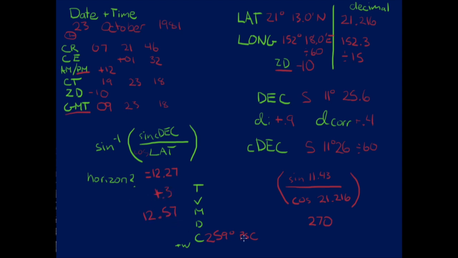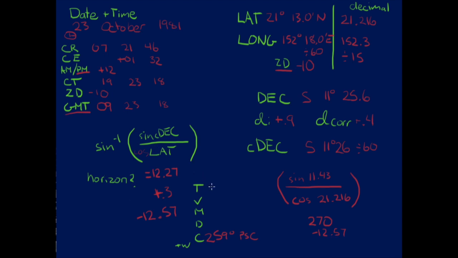So 12.57. Now, is this above or below 270? This is below 270, so we're going to now subtract the amplitude, and that's going to give us our true value. So 270 minus 12.57 is going to give us what it actually should be.